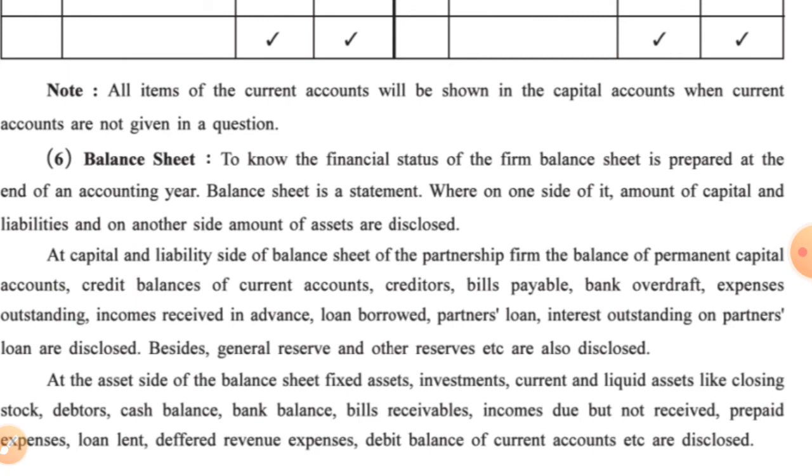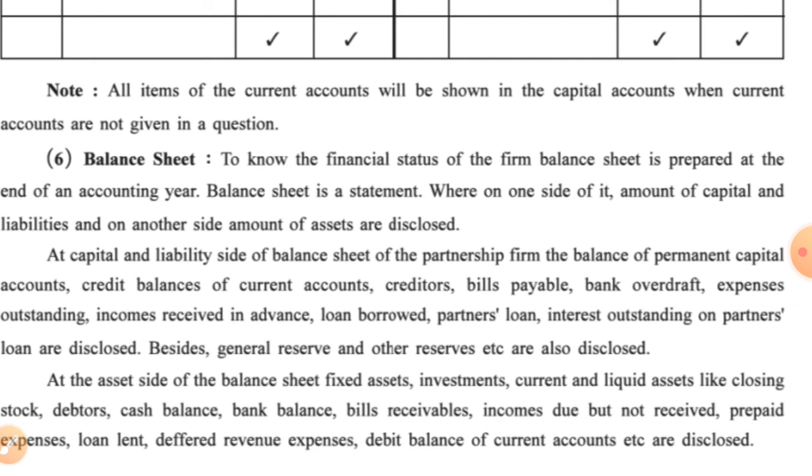You already know the format of the balance sheet, we studied it in standard 11th. On the left hand side we write capital and liabilities, and on the right hand side we write assets and receivables. Now what type of assets are to be recorded? Fixed assets, investments, current and liquid assets like closing stock, debtors, cash balance, bank balance, bills receivable, prepaid expense, loan lent, deferred revenue expense, debit balance of current account, etc., are disclosed on the asset side of the balance sheet.